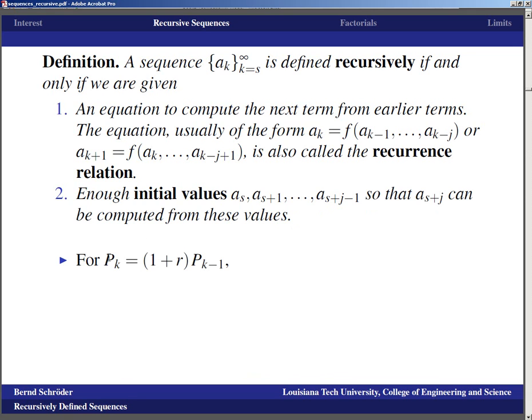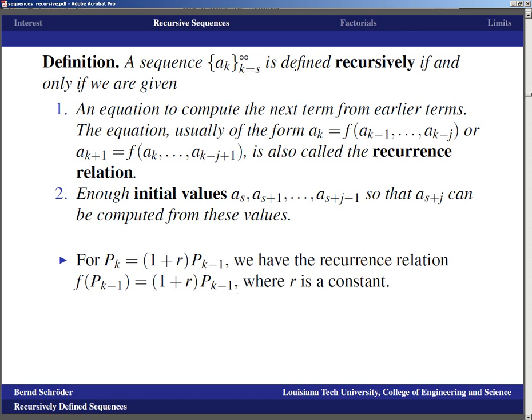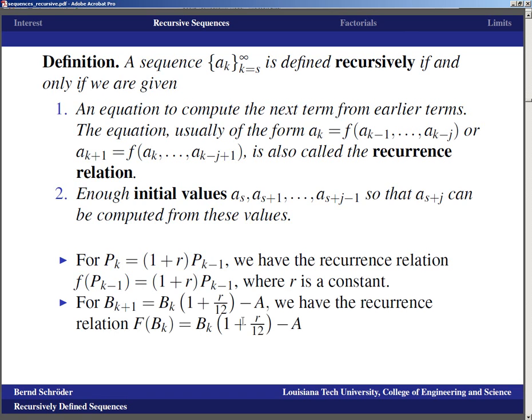And for our compound interest relation, for example, the recurrence relation was f of p_{k-1} is 1 plus r times p_{k-1}. And r was a constant there, right? It was our interest rate. And for b_{k+1} equals b_k times (1 plus r over 12) minus a, the recurrence relation was f of b_k being b_k times (1 plus r over 12) minus a.